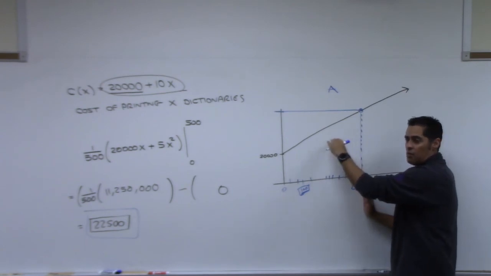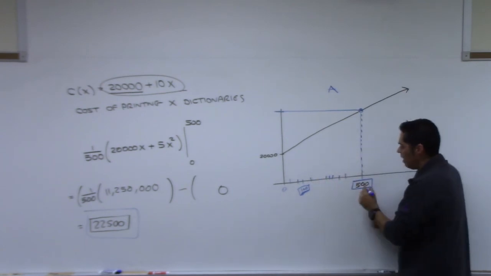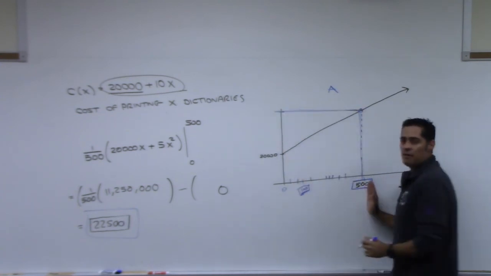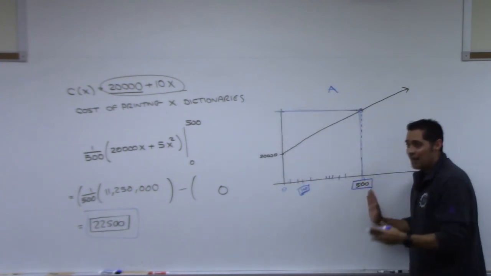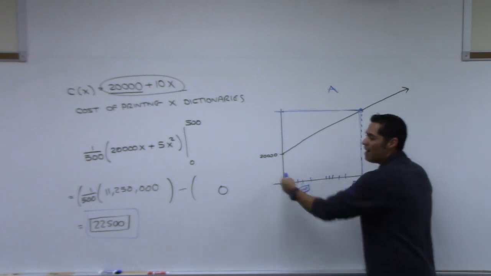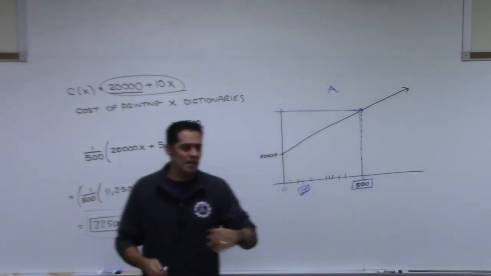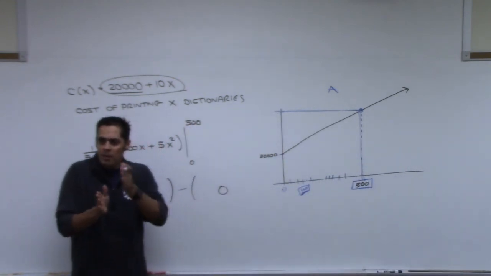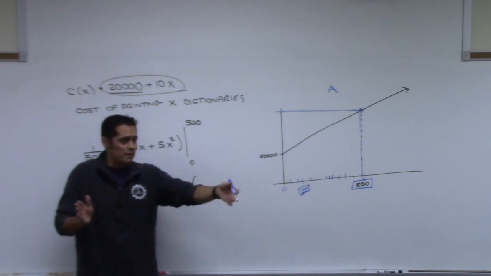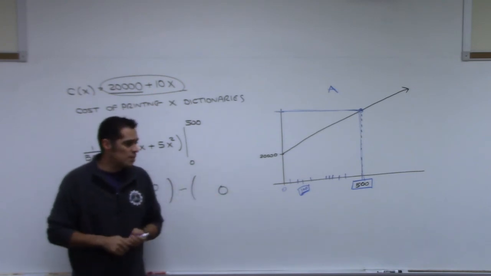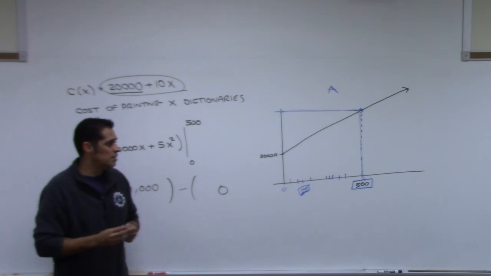Okay? So we can't divide through by anything. See how we took this and then we divided it by 500, didn't we? Because we knew there were exactly 500. But when you're looking at an entire interval, you can't divide it by anything because you don't know how many you've made. It's between 0 and 500. So it's giving you an average cost.